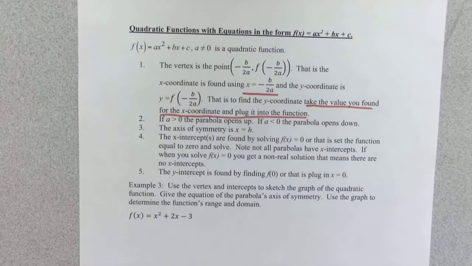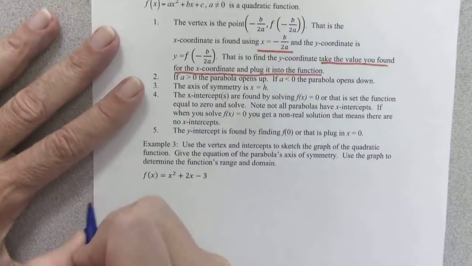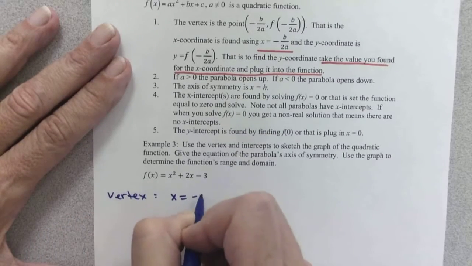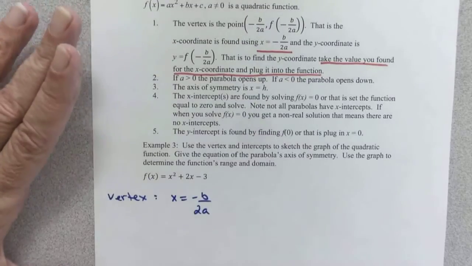So, doing another problem here again. Use the vertex and x-intercepts to sketch the graph of the quadratic function. Give the equation of the parabola's axis of symmetry. Use the graph to determine the function's range and domain. So same instructions as before, just slightly different. So for the vertex, x is going to be negative b over 2a.